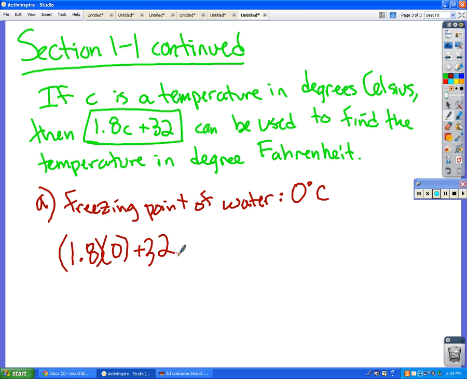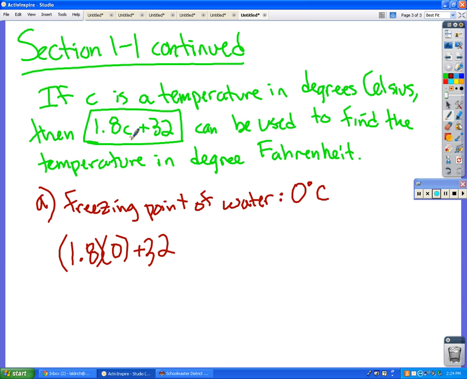The only thing that's different is they're throwing all these confusing words at you. You need to focus in on the formula part, because that's the piece that you're going to use to solve the problem. So all this other stuff isn't really necessary. You can just look at this and go, well, 0 is my C. So I'm going to replace this C with a 0 and then do the problem.